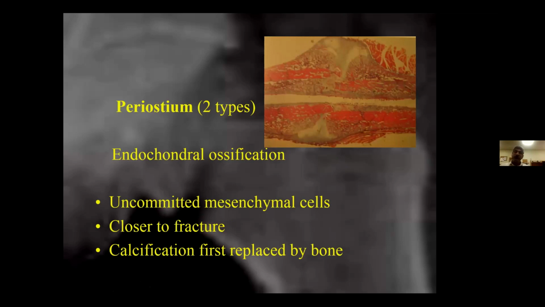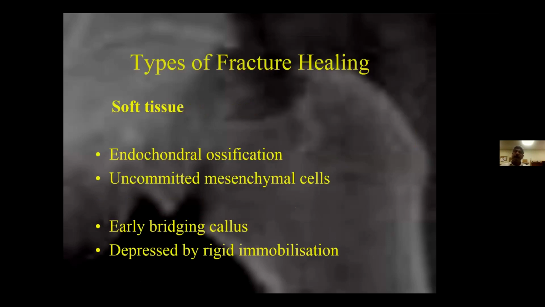Okay, so this is your endochondral ossification. Then remember, this is something which is not always in textbook, but it's an easy way to remember. The soft tissues are also responsible for your healing. And the soft tissues responsible for healing are through endochondral ossification. And this is the uncommitted mesenchymal cells. And again, decreased by rigid immobilization.